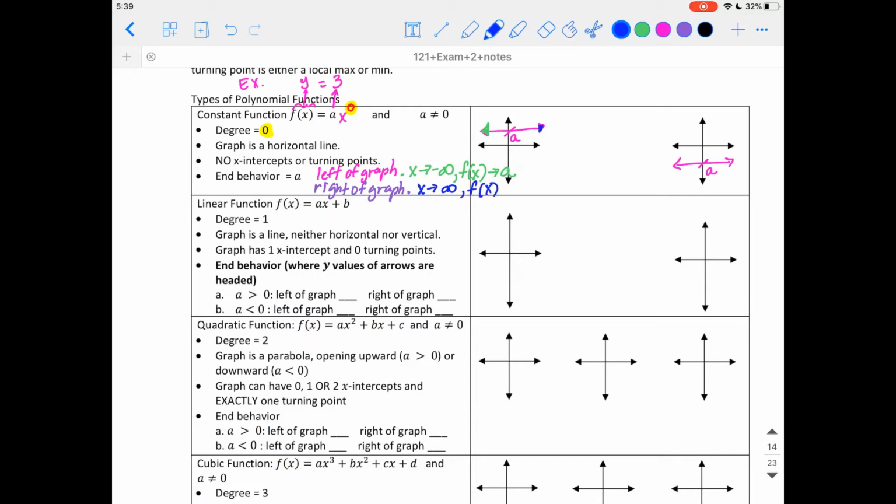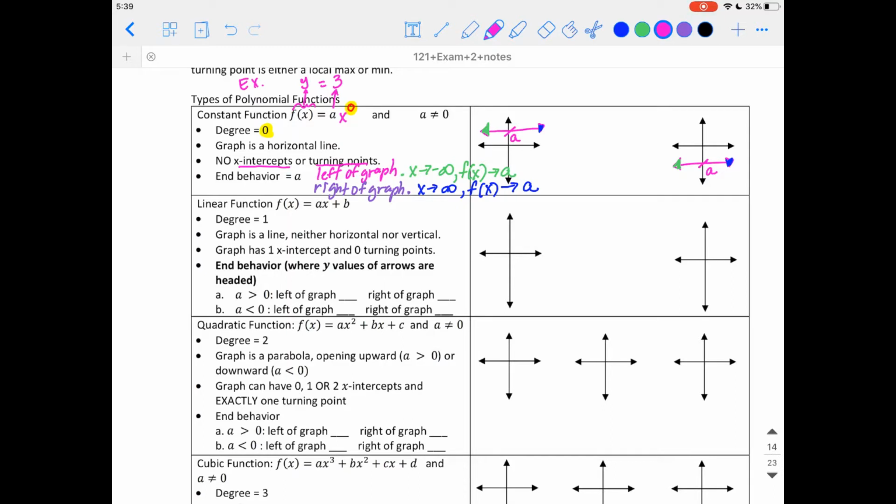And so where is f of x headed towards? It's headed towards a as well. And it's the same thing for this arrow and the same thing for this arrow. So if you notice, for a horizontal line, we don't have any x-intercepts and we don't have any turning points. So turning points again are the hills and the valleys. So no hills and valleys here.